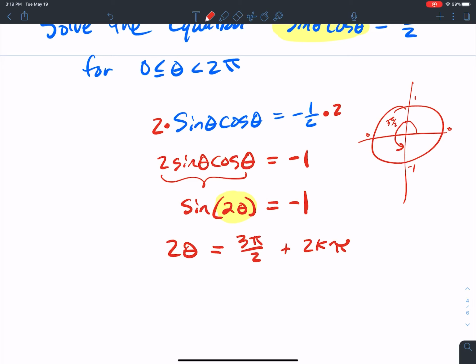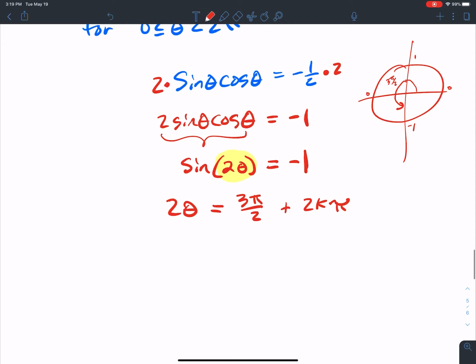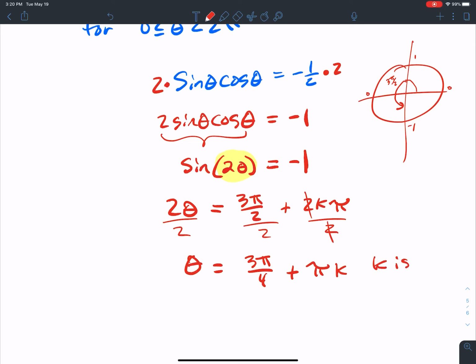All right. So how do I handle this? Well, I want a theta, so I need to divide by 2 on everything. Divide by 2, divide by 2. So I get theta equals 3 pi over 4 plus pi k. Okay. K is an integer.